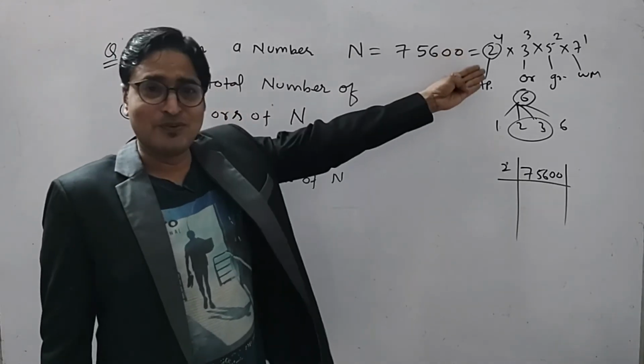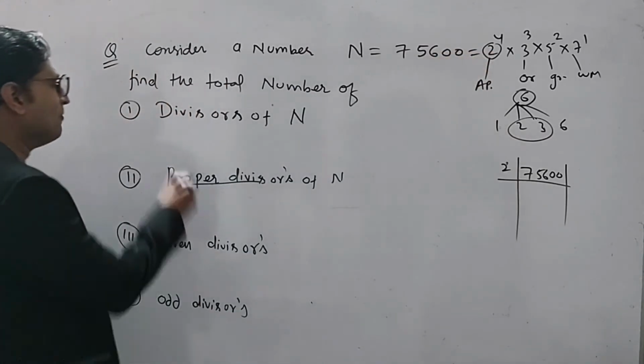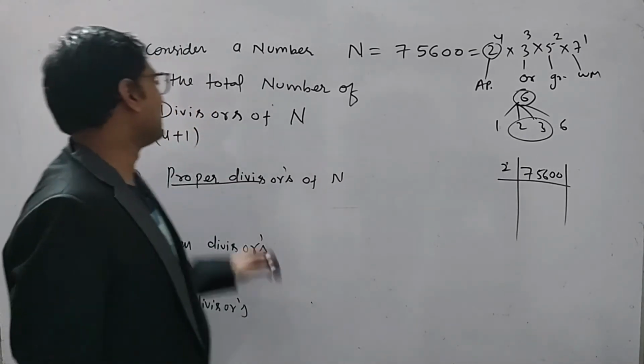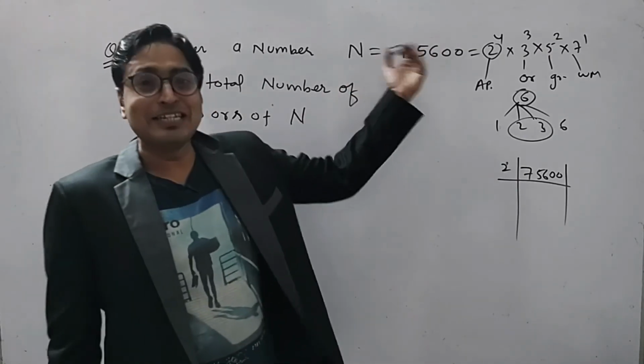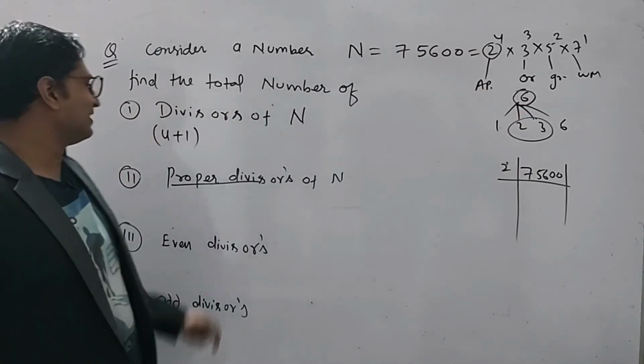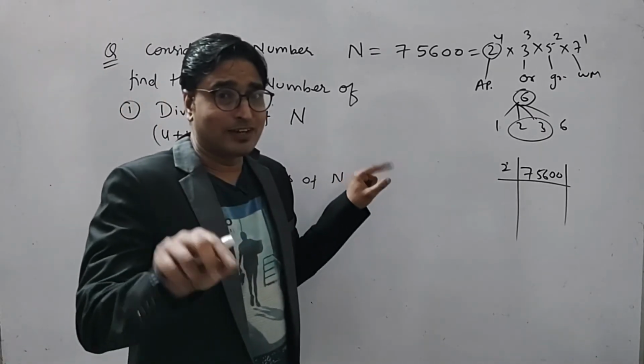Out of these, 4 are alike, meaning 4 2's are there, 4 apples are there. With apple, how many cases will be there? 4 plus 1. Why 4 plus 1?